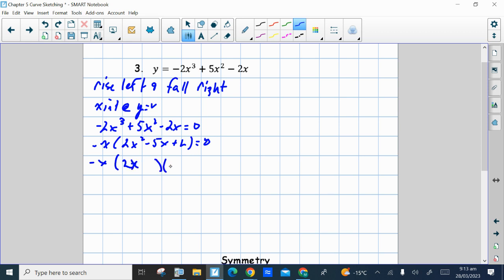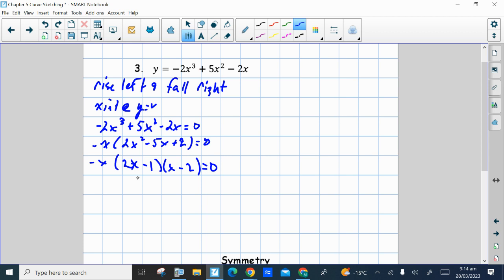And then we'll factor the quadratic that's remaining. It will be minus 2 there and minus 1 there.